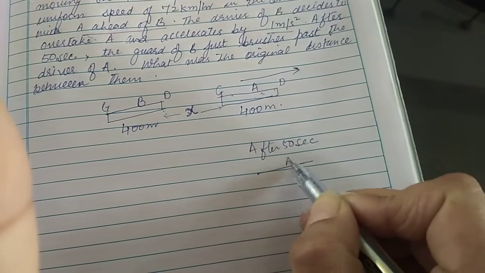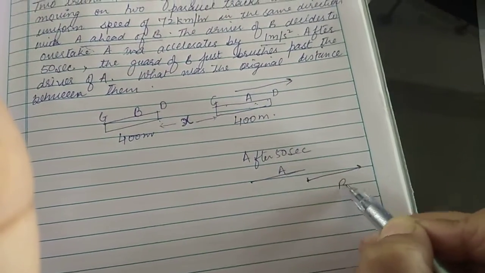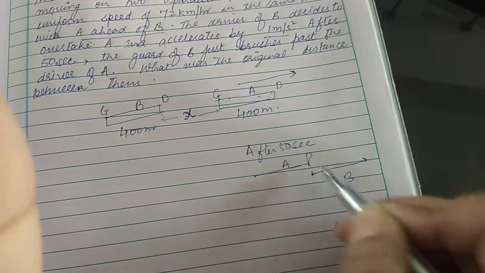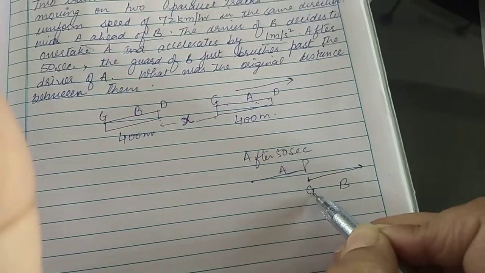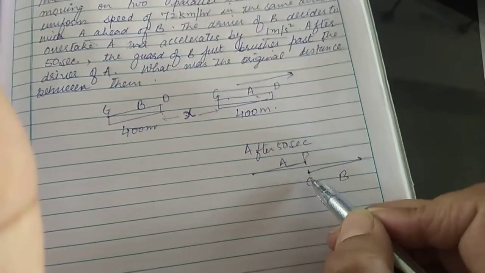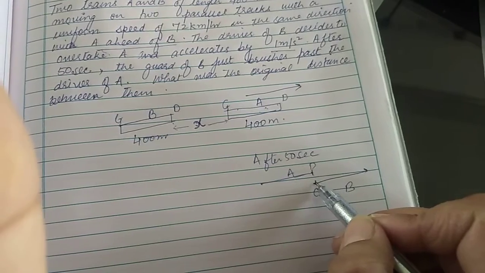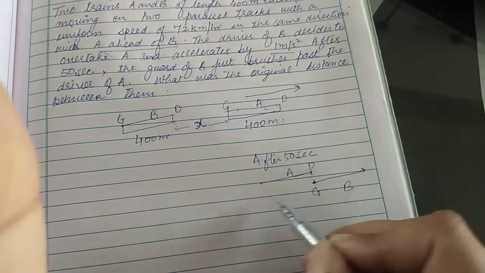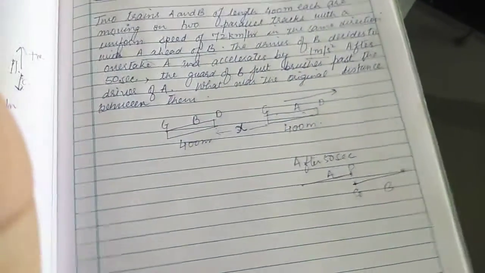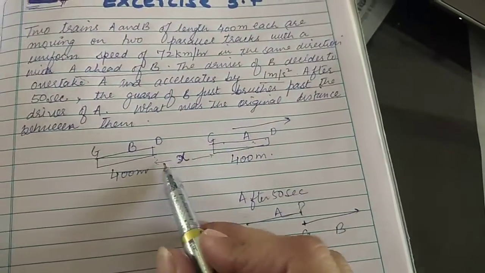This is train A, train B. This is the situation: the guard of B just brushes past the driver of A. It is going to overtake at this instant. Now we need to find out the initial distance x between the two trains.